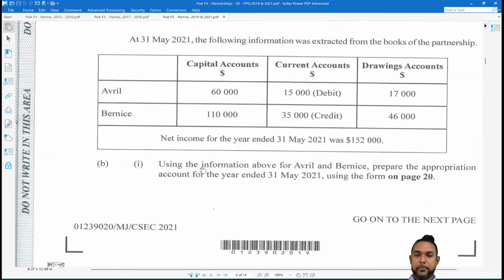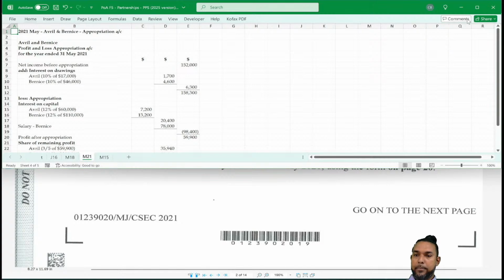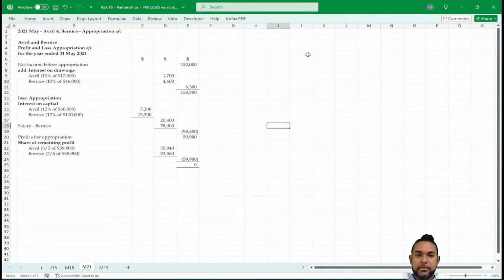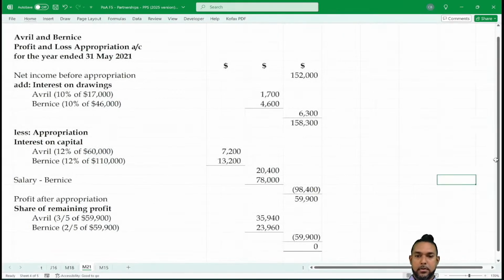And let me find the 2021 appropriation account for Avril and Bernice. Right, sending this in the chat.